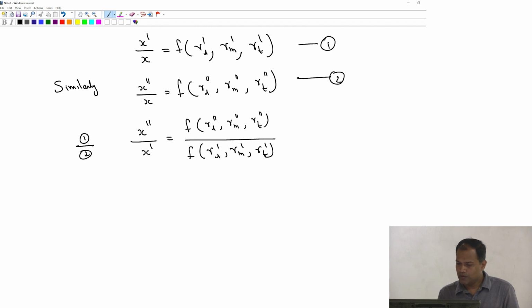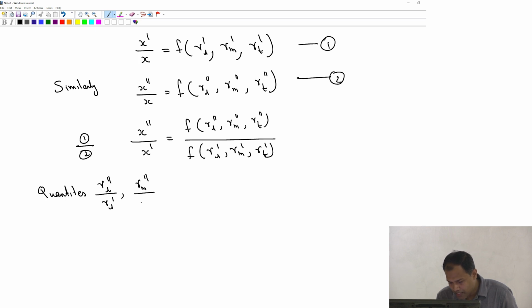Now, how about quantities RL double prime by RL prime, RM double prime by RM prime, RT double prime divided by RT prime.